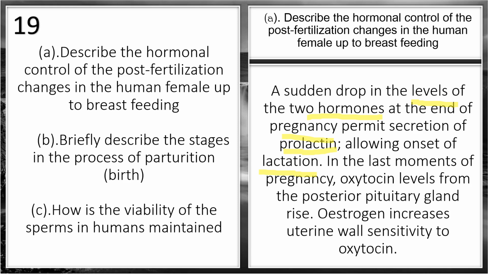In the last moment of pregnancy, oxytocin levels from the posterior pituitary gland rise. Oestrogen increases the uterine wall sensitivity to oxytocin.